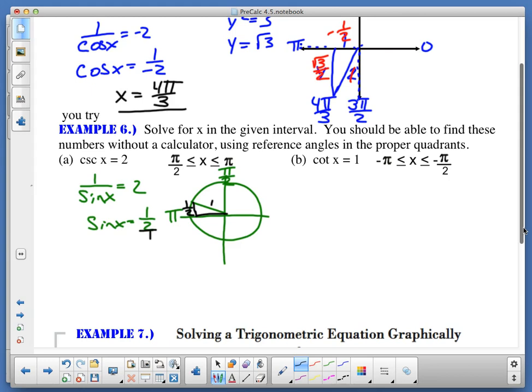You can use 0.5 if you like. Square root of 3 over 2, but it's negative, right? It would have to be in that area.